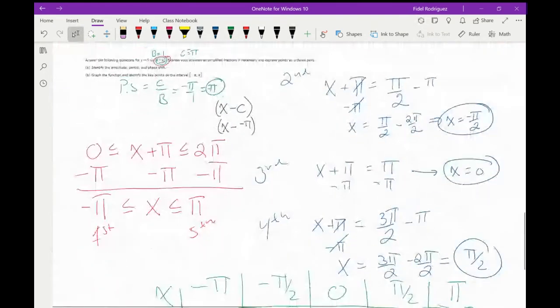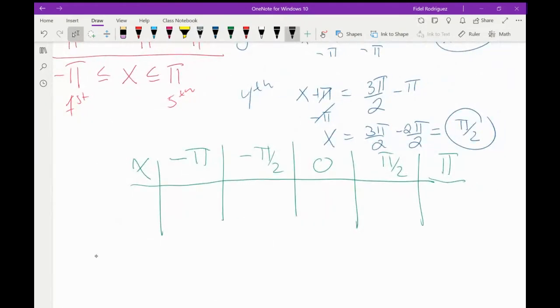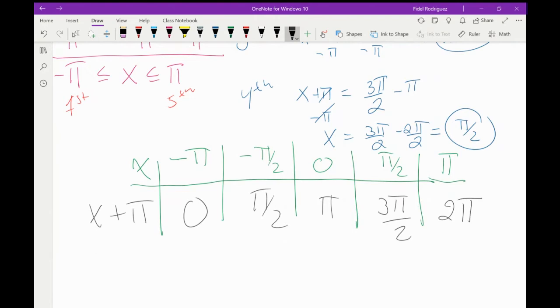So now I'm going to come back over here and we're going to put x plus pi equal to the nice numbers that we already know the values of. We are using a sine function here, so we're going to say sine of x plus pi.